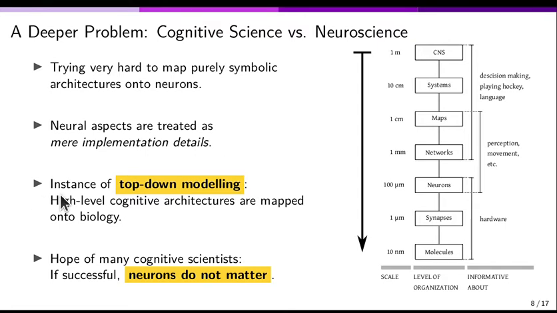And I think one way of thinking about that is this top-down approach. We're taking high-level cognitive architectures and mapping them onto the biology, and I think a background hope might have been that here's a situation where those low-level neural implementation details really don't matter to my high-level theory.